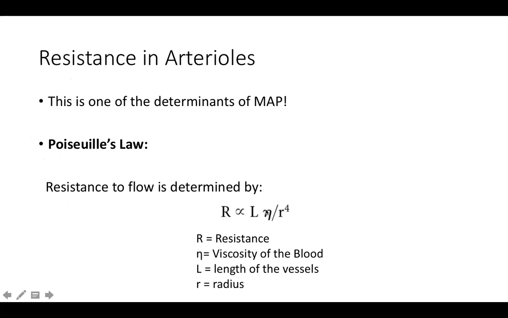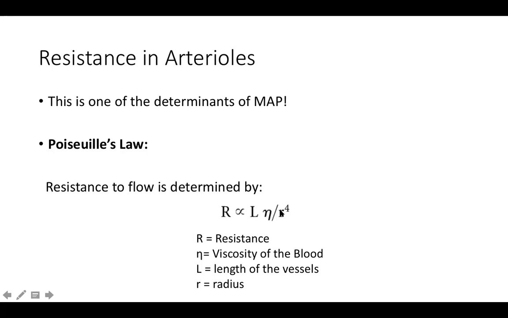It varies with mu, that symbol in the Greek alphabet, which often represents viscosity. So how thick is the fluid? This would be the viscosity of the blood, divided by the radius of the blood vessel.